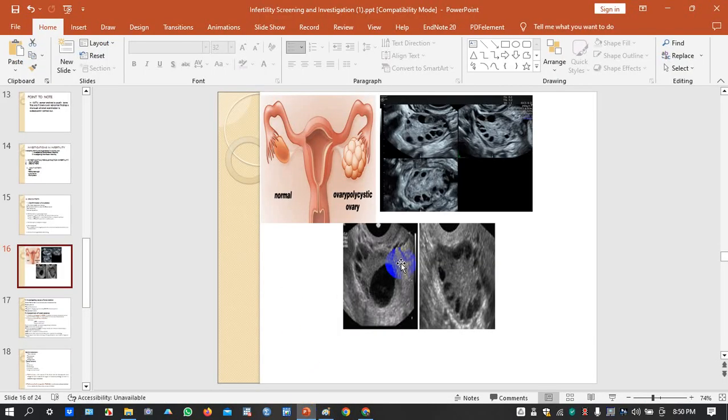So we see this normal ovary, but this ovary contains small pockets which are full of fluid, infectious fluid. We call it polycystic ovaries or polycystic ovarian syndrome. So on ultrasound, this is what you will see. Small pockets at the edges of the ovary.